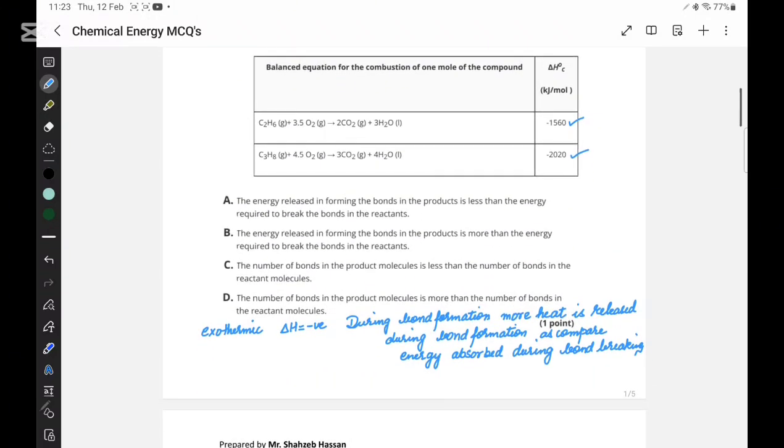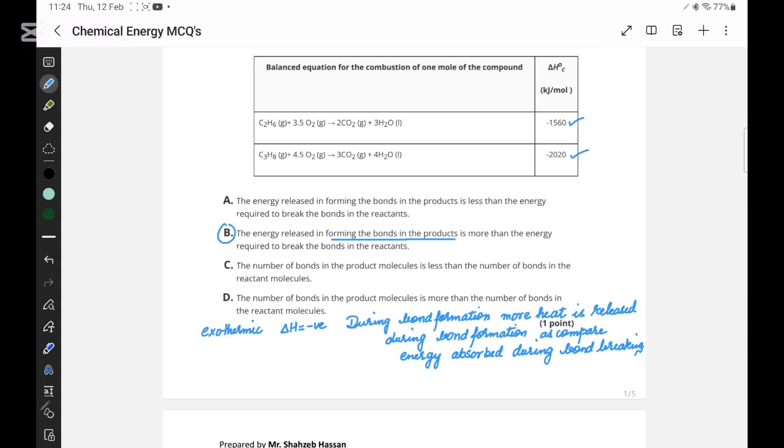So if we see option B, you are going to see that the energy released in forming the bonds in the product, because bonds are formed in the product, is more than the energy required to break the bonds.